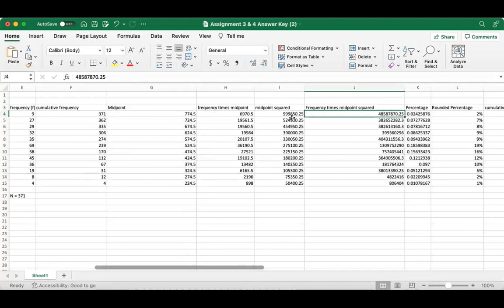Does that make sense, everybody? As to why it's an easier way to go about it. So equals frequency times midpoint, H3 to the second power. We just square the whole H column. Should look like that.